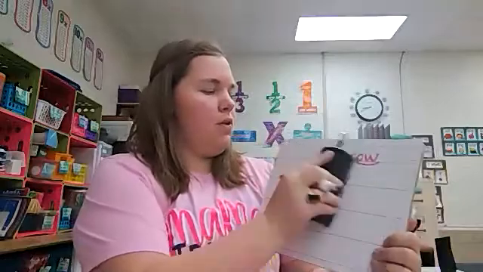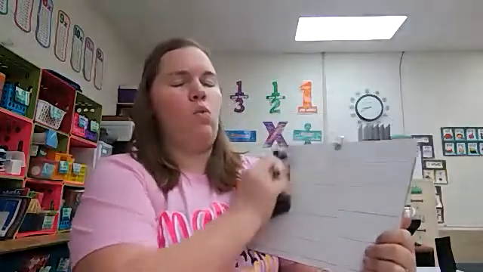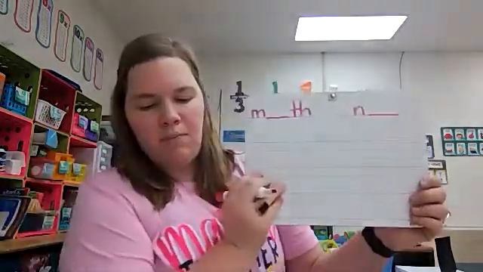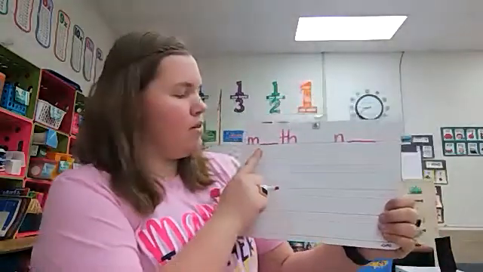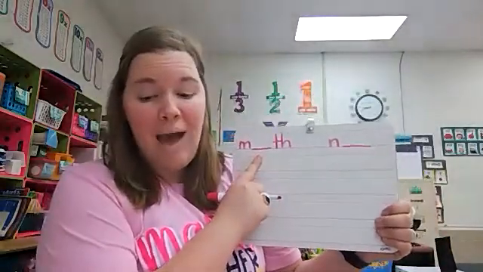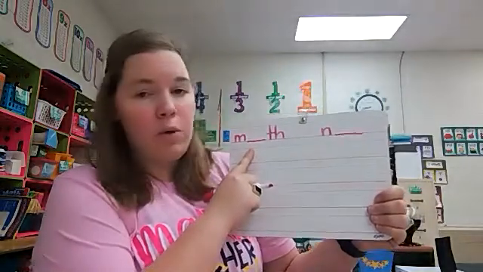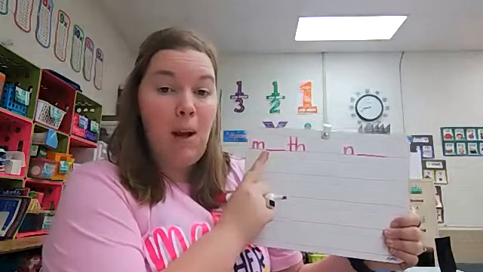So let's look at a few different words to see which spelling we will use. I'm going to write words with some blanks. Here are the first ones. Okay, so if we wanted to spell the word mouth, which diphthong would we use? Would we use OU or OW to make mouth?